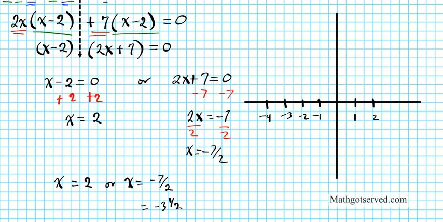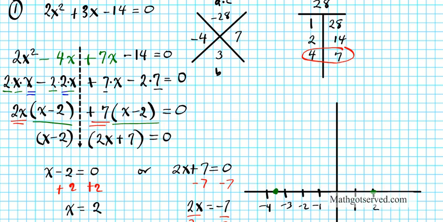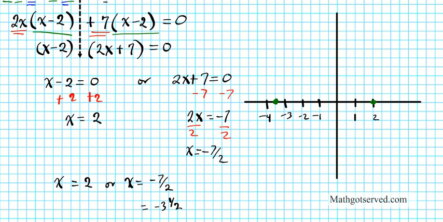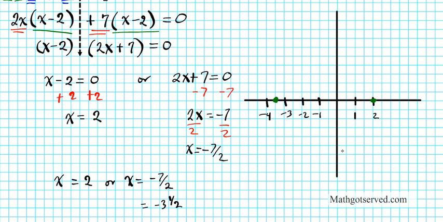So we're going to grab the first 0 right here between negative 4 and 3. And then the second 0 is 2 right there. Okay? The y-intercept is basically the last number. So the y-intercept is negative 14. So down here, let's just call this negative 14 down here.